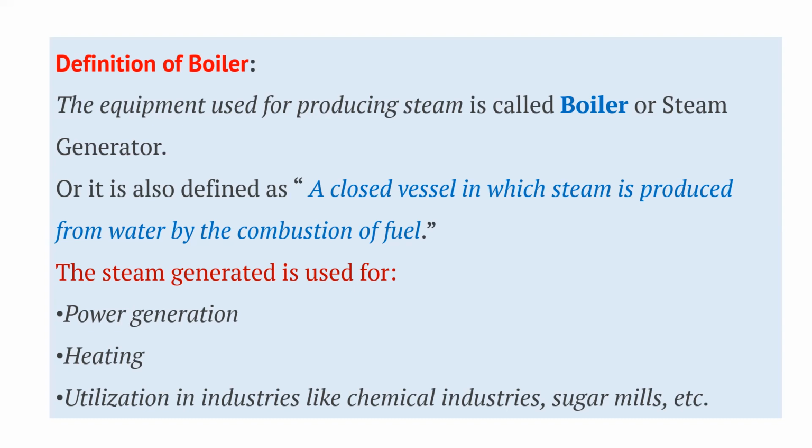In general, we call that also a boiler. But basically, for industrial purposes, we have a primary definition. The equipment used to produce steam is called a boiler, or you can call it directly a steam generator. So the name itself indicates it is used for steam, right?